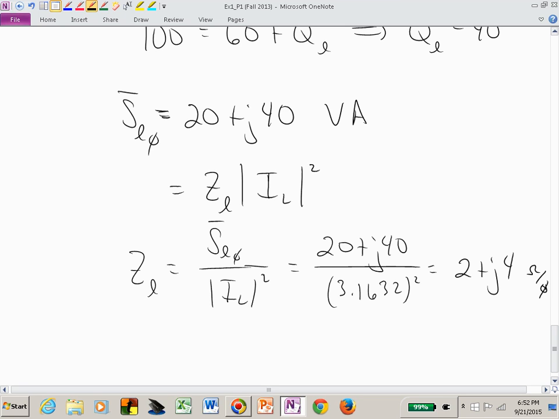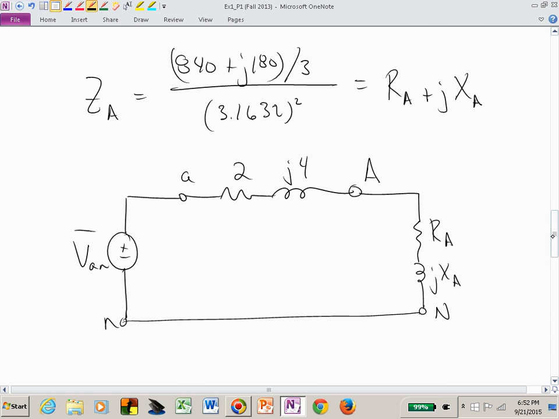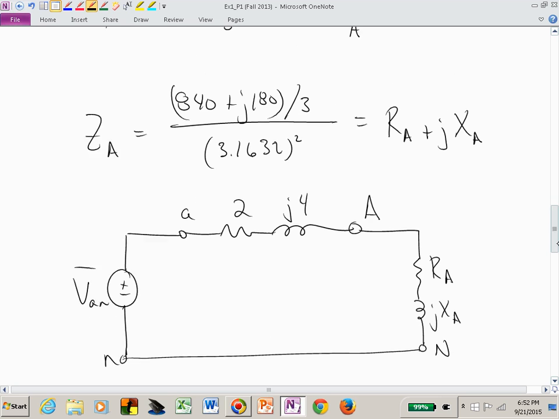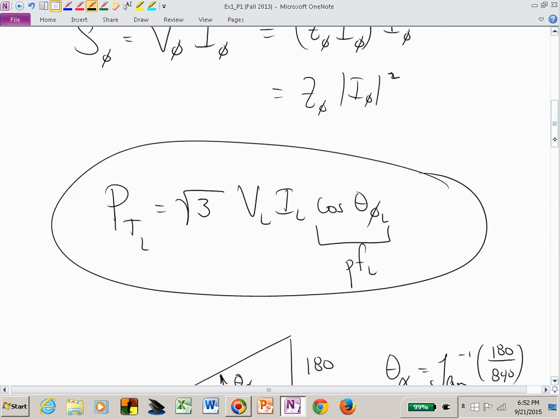The remaining piece of this problem is then to find the magnitude of the phase voltage at the generator, V sub AN bar. And now we could use this formula at the generator side.